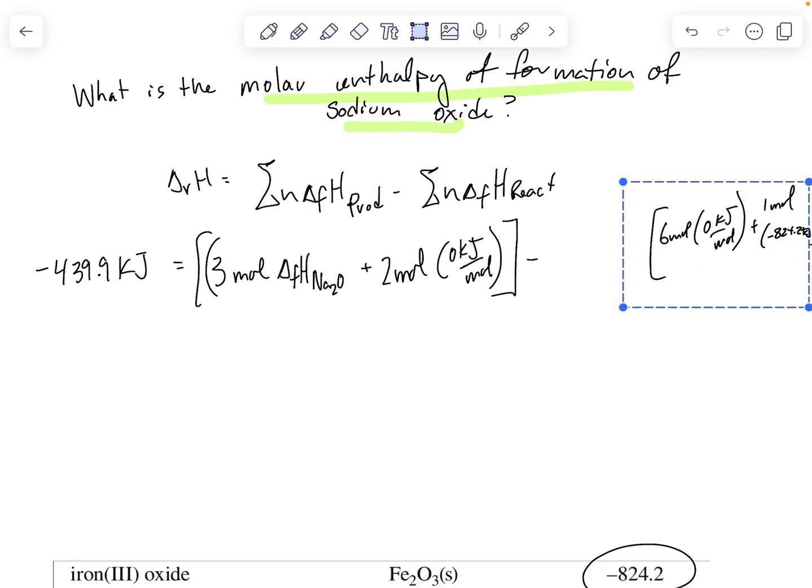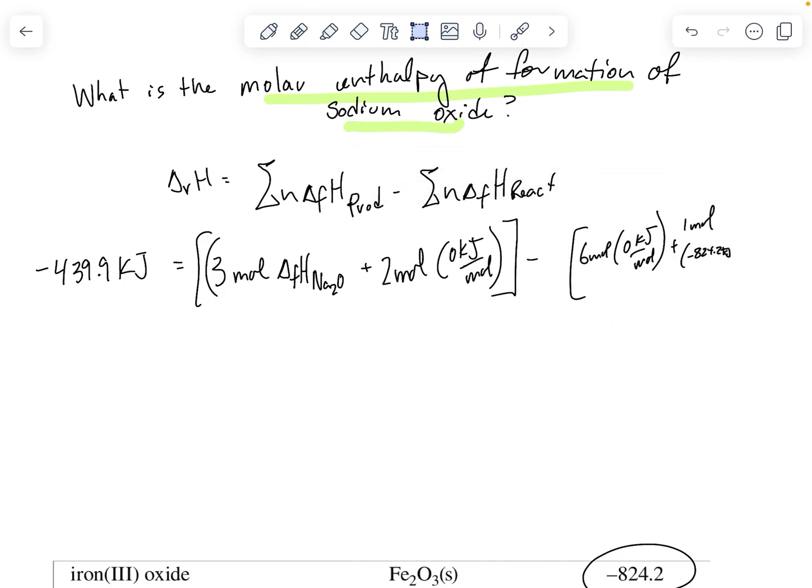Sorry, let me just fix this up because this is going to be a little hard to follow. So minus 1 mole times that negative 824.2 kilojoule per mole.